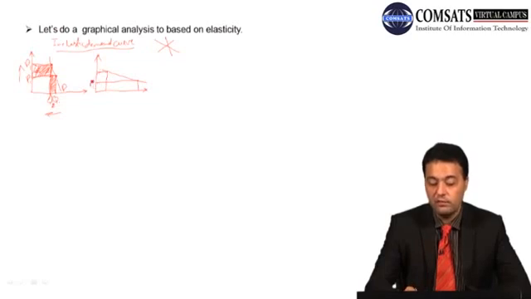Now you can see that if price increases from P1 to P2, there is a change in quantity from Q1 to Q2. Which area is bigger? This one or this one? Obviously this one.